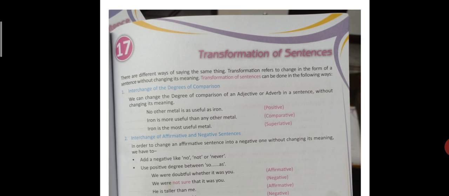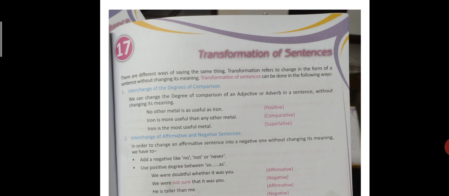Okay, so affirmative sentences you have learned in chapter 1. So here, in order to change an affirmative sentence into a negative one without changing its meaning, we have to add a negative like no, not, or never, or use a positive degree between so and as.